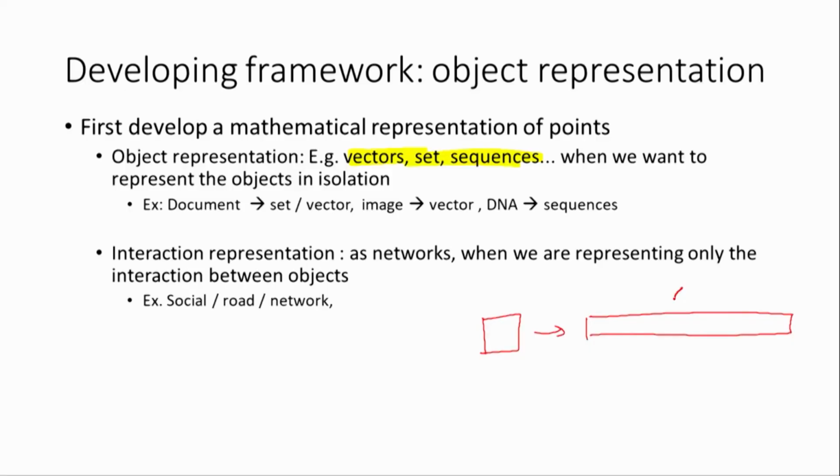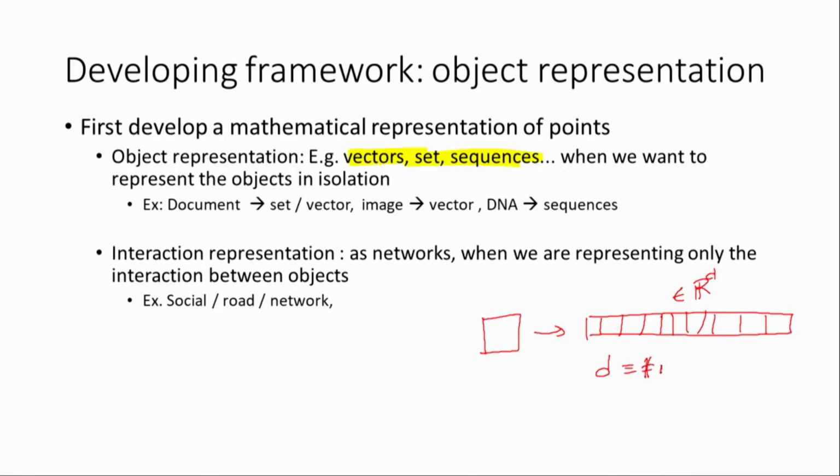So given a document, right? What is a vector representation of a document? Somehow we are going from a document to a vector representation. So what is this vector? What is this dimension? What are the elements in the vector? The document's unique words are given IDs.